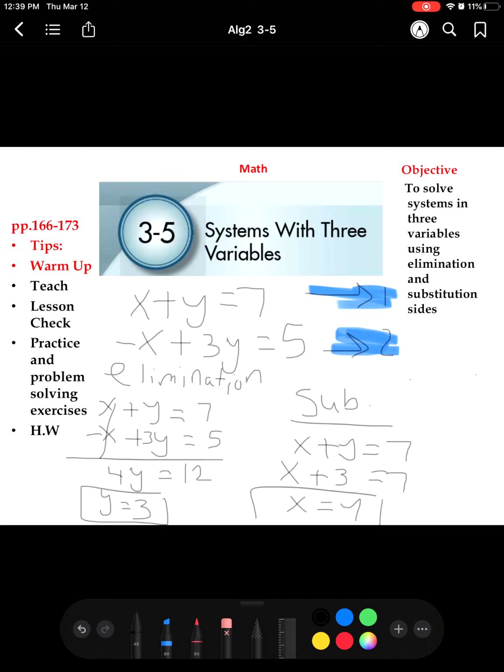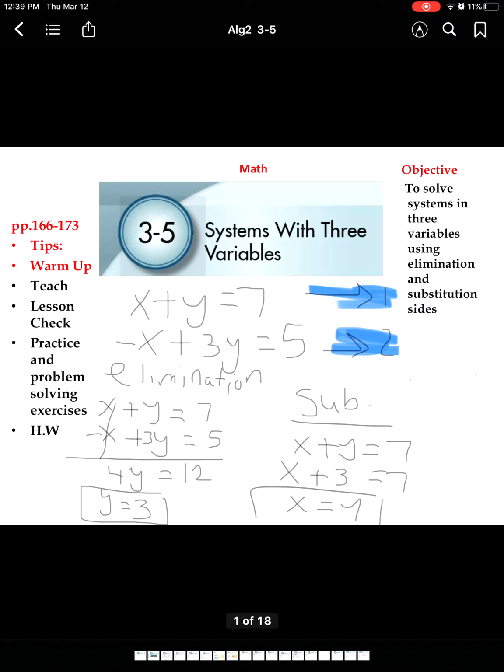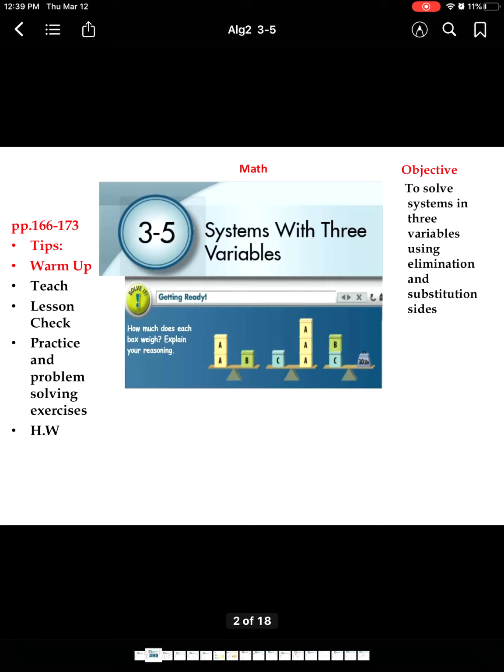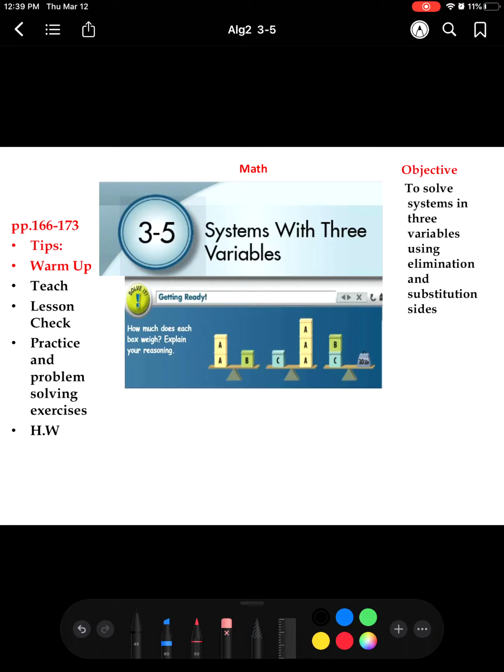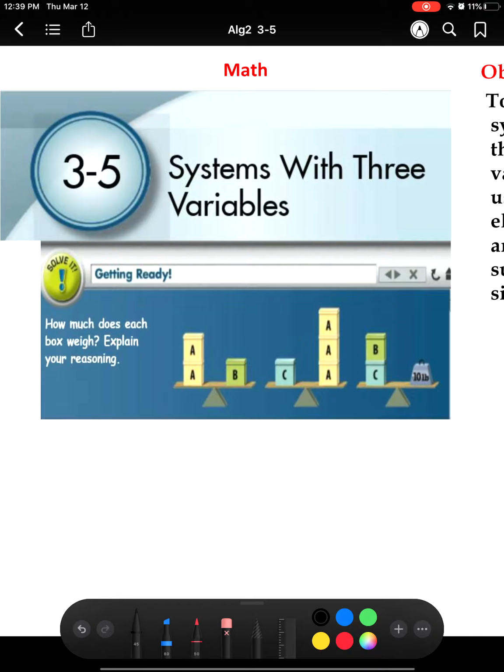The mechanism of solving is the same, but we will have another variable, which is z. Before we solve this one, the Getting Ready question is telling you that we have those 3 balances. He gave you that in the first balance 2a equals b.